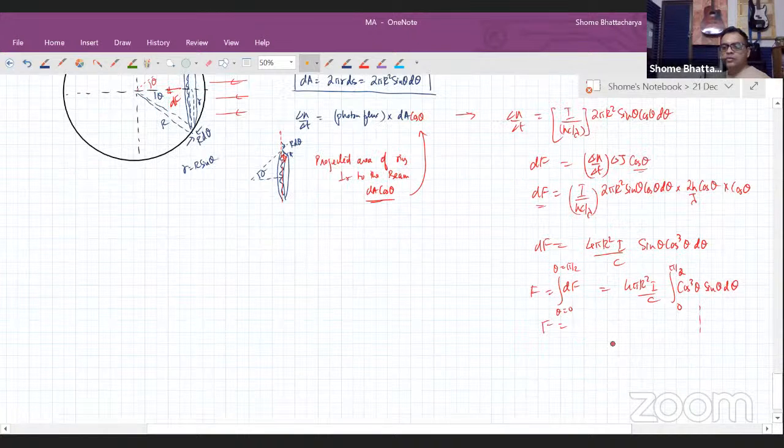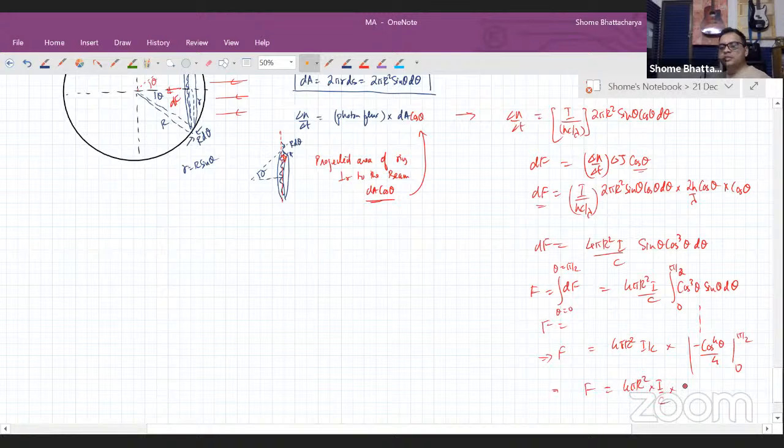So we'll have 4π r² I by c into minus cos⁴θ by 4 from 0 to π by 2. So this is a factor of 1 by 4, and that cancels out with the 4. So this force comes out to be 4π r² into I by c into 1 by 4, so π r² into I by c.